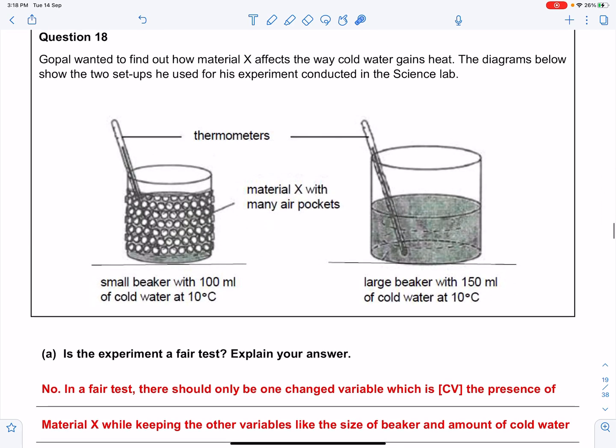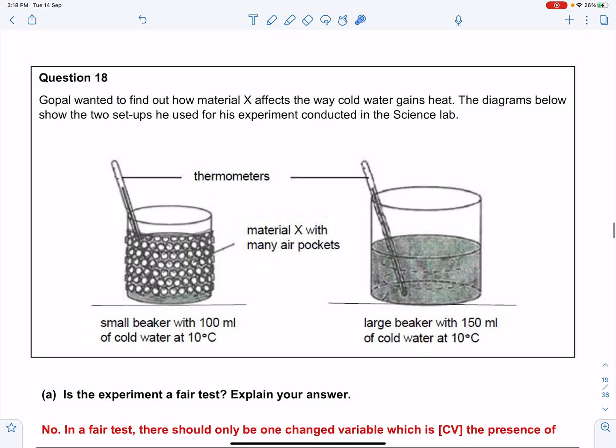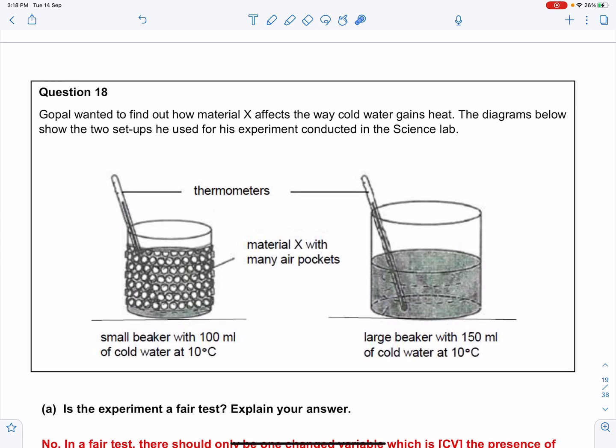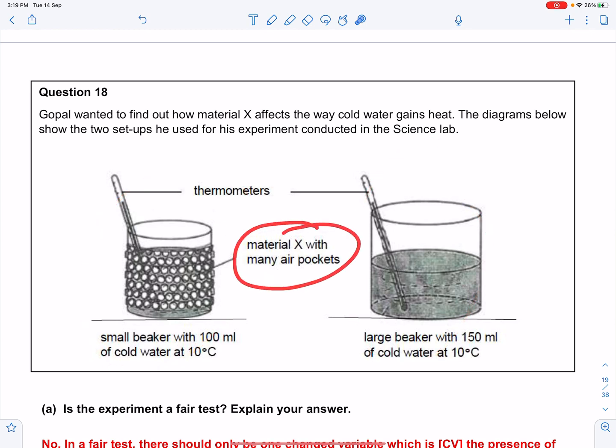Moving on, next one. Gopal wanted to find out how material X affects the way cold water gains heat. The diagrams below show two setups he used for his experiment conducted in the science lab. So remember, whenever you have two diagrams, I always tell you this, you need to compare. The difference between this and this would be one has material X with many air pockets.